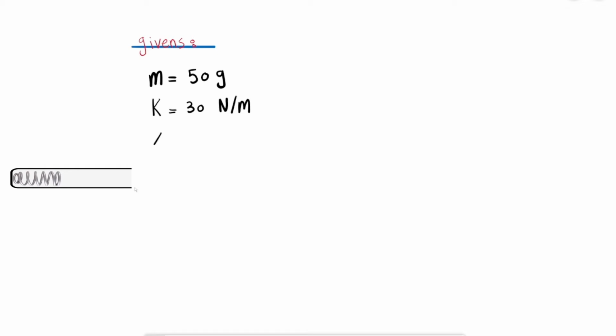We have the change in the compression of the spring of 50 centimeters. And also we have the final velocity of the ball is equal to 10 meters per second. So that's the first step to initiate the problem solving.